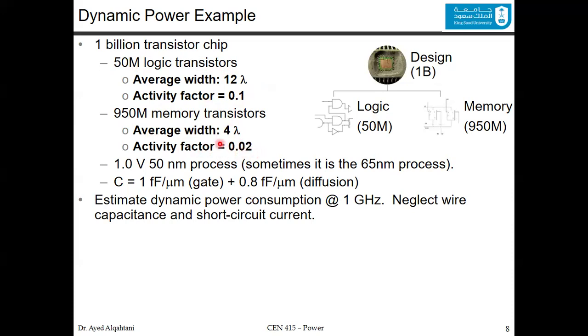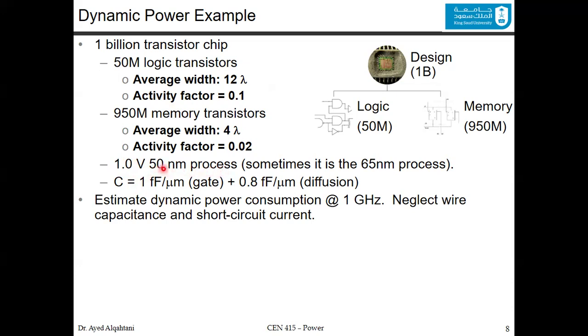And there is a reason for it: when you write any program and convert it to assembly language, the load and store instructions, the ones that access the memory, have a low percentage compared to other instructions. Also, we have a 1 volt VDD with a 50 nanometer process.